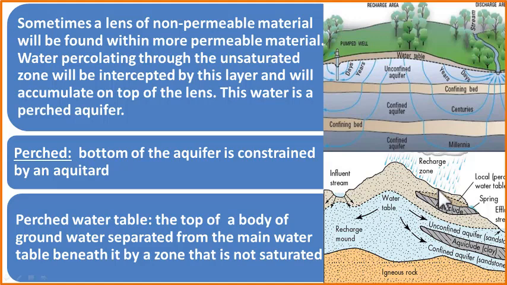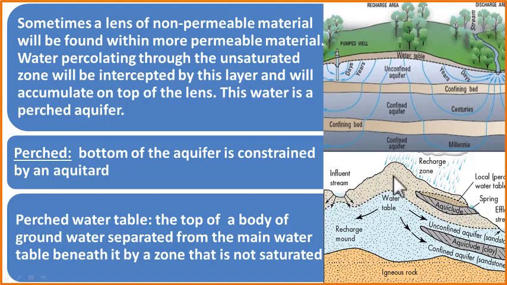So in this case, we may get the groundwater table at a shallower depth. But this type of groundwater table is not a reliable source of water because it is not connected with the regional water table. Very soon it will be exhausted. So it is known as the isolated type of water table, which is formed by this impervious layer.